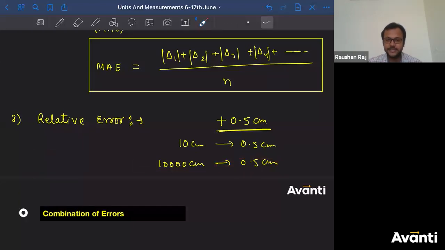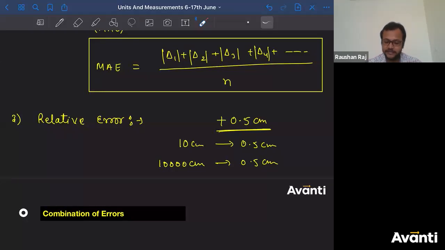So in both the cases, the representation will be only 0.5. How will you decide? Now tell me, which is more appropriate, which is more accurate here? Which is more acceptable to you? Tell me.